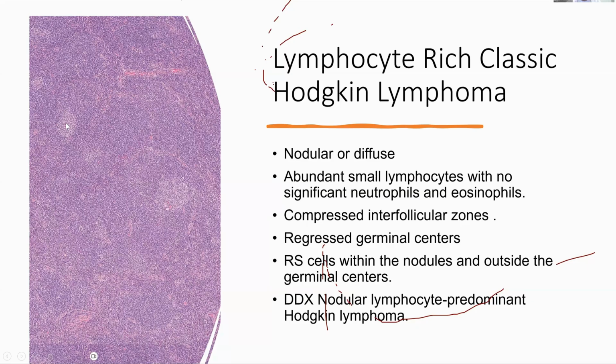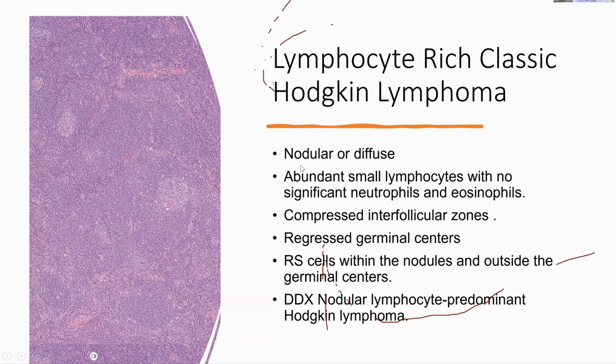So you will have these germinal centers slightly regressed compared to normal, and the RS cells you will find within those larger nodules. And this one has a differential diagnosis of nodular lymphocyte predominant Hodgkin lymphoma, as we will mention later.